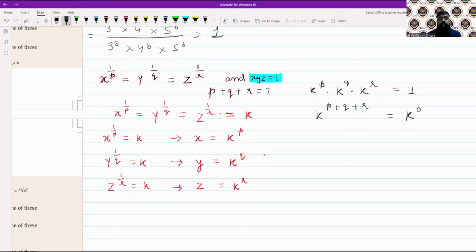So now we can see clearly that bases are same on both the sides. When bases are same, powers are also equal. So we can equate them and write the final result. So p plus q plus r is equal to 0. So the total will be equal to 0. So this is the required answer.